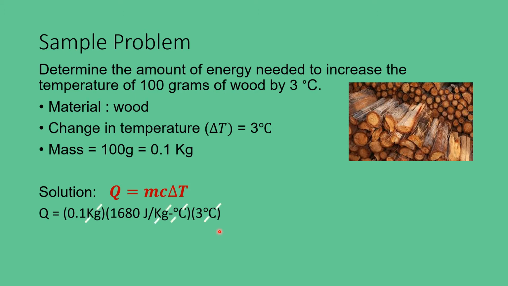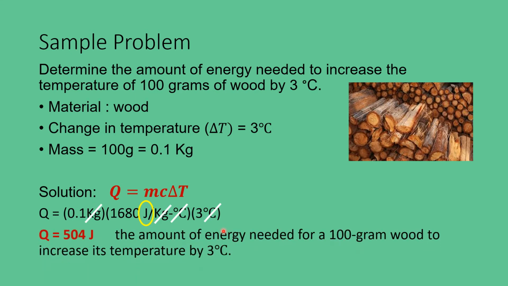So the units of kilograms and degrees Celsius will be cancelled, and we will be left with the unit of J, or joules. Computing this, we arrive at the answer: Q, or the amount of heat, is equal to 504 joules. That is the amount of energy or heat needed for 100 grams of wood to increase its temperature by 3 degrees Celsius.